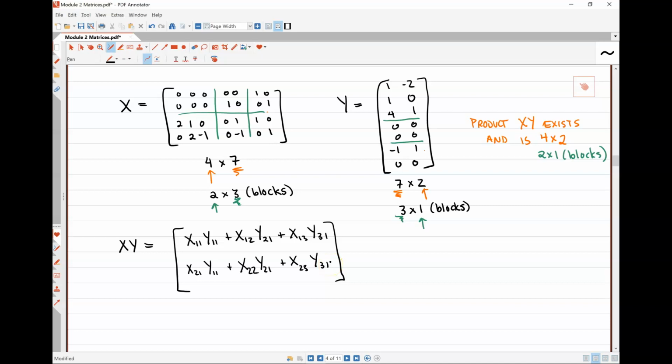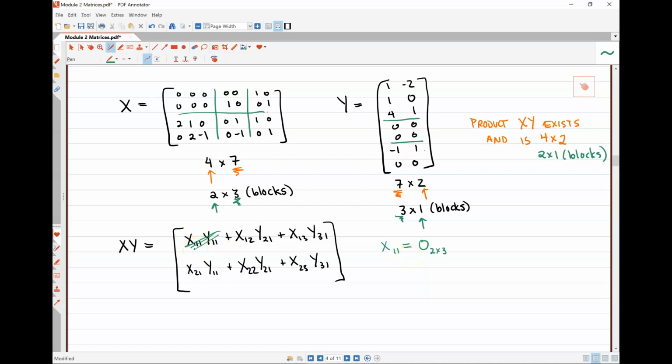Okay, so that looks like we've got a lot of computation to do, but it's really not too bad because we're going to make a couple of observations. First observation we're going to make is that x11 is actually the zero matrix, the 2 by 3 matrix full of zeros. So anything that we multiply by x11 is just going to be completely annihilated. So that's this term right here.